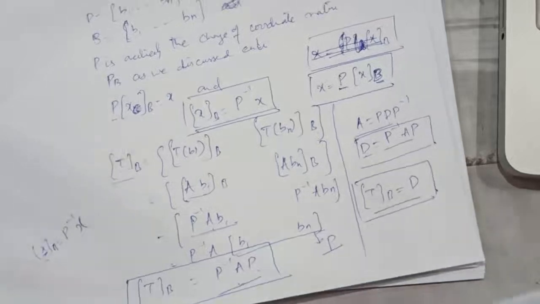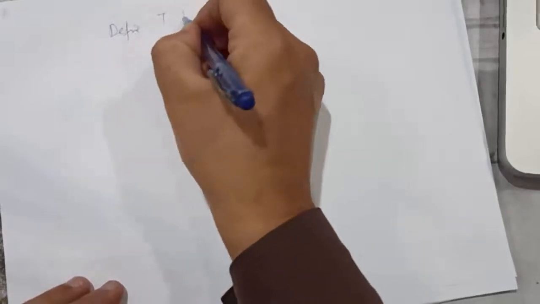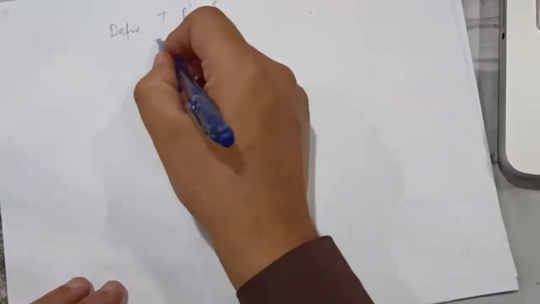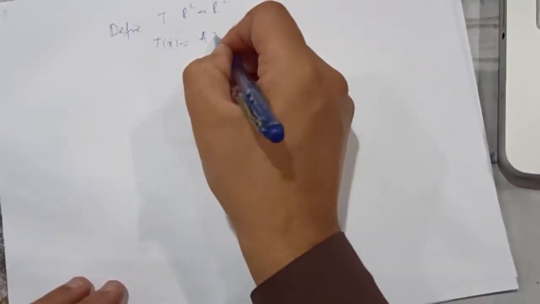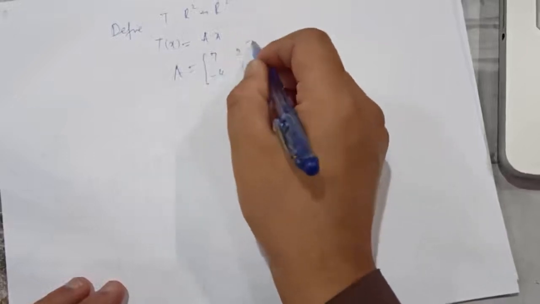Okay. Now I hope you have now understood the real concept of what we have done so far. So let's say we define T from R square to R square as a transformation in which T of x is equal to Ax, and A is 7, minus 4, 2 and 1.